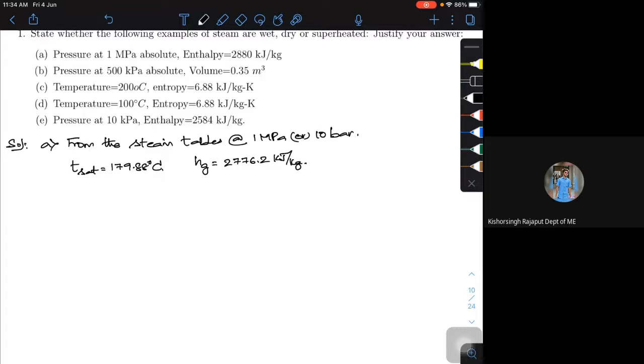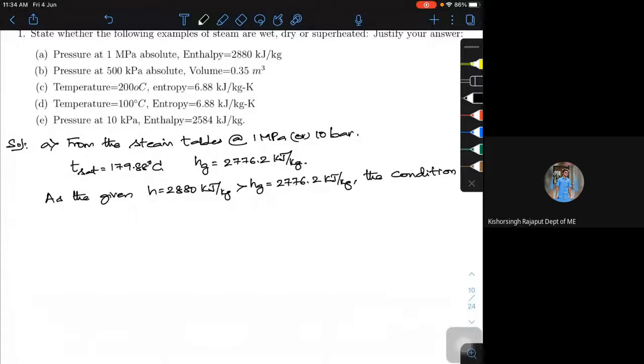As the given H value, which is 2880 kilojoules per kg, is greater than Hg, which is 2776.2 kilojoules per kg, the condition of the steam is superheated, because the given enthalpy is greater than the enthalpy of dry steam.